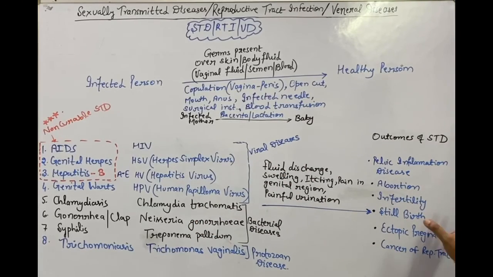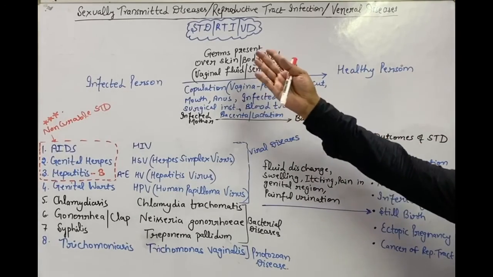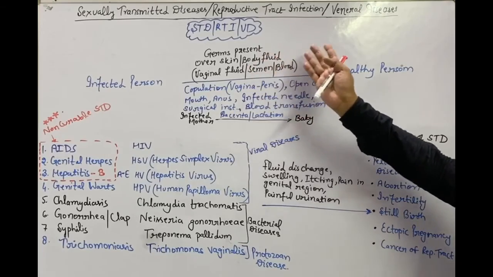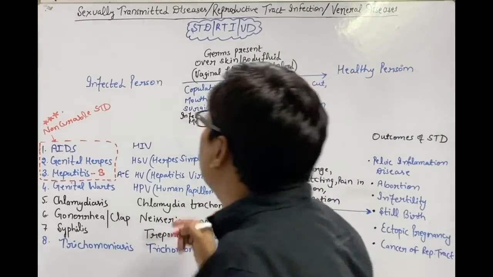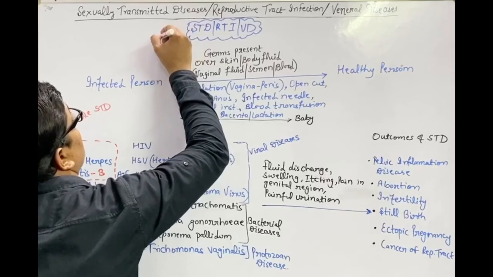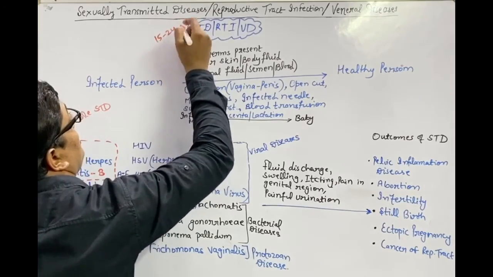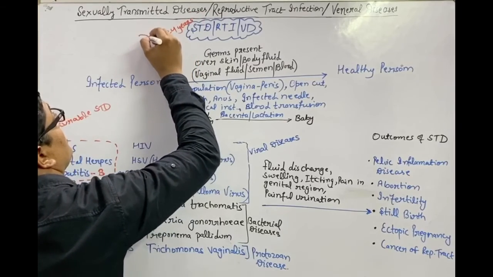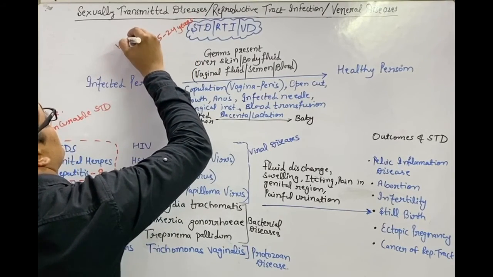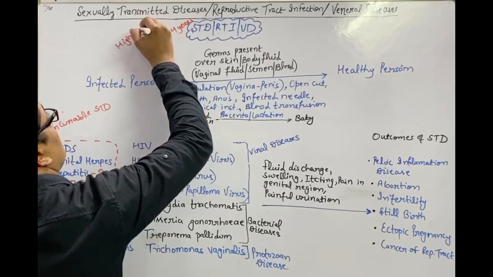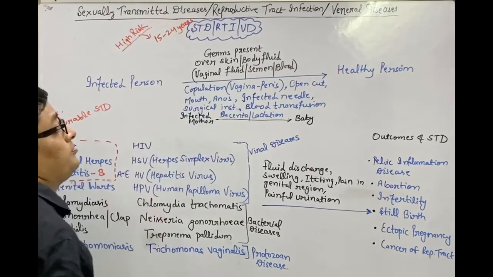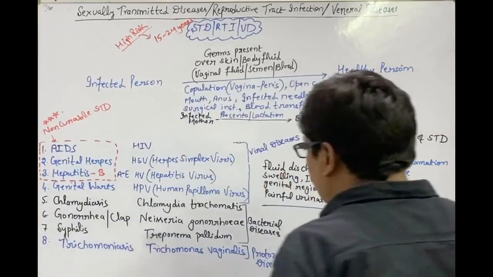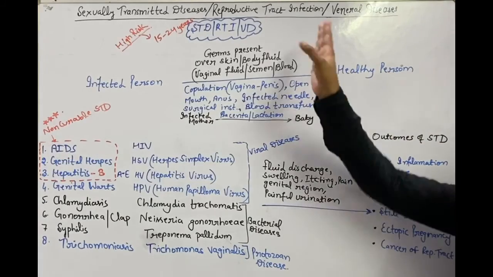All individuals can be infected with the STD, but the age group of 15 to 24 years is at high risk. So this is all about the STD.